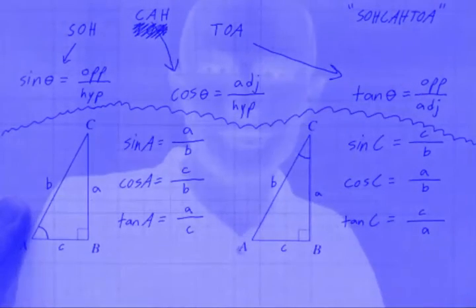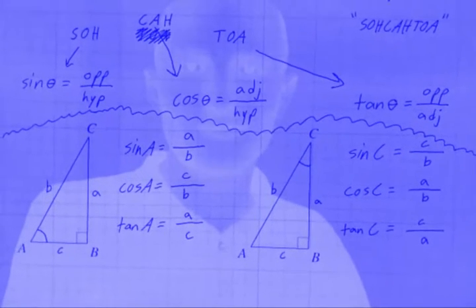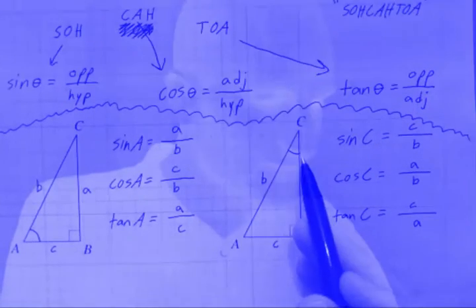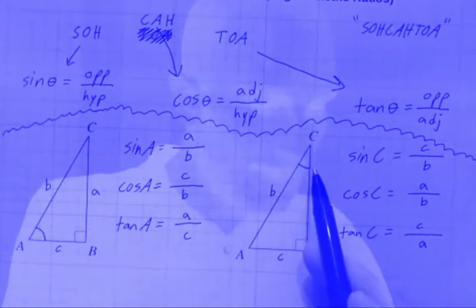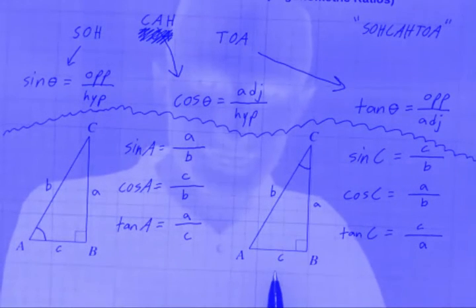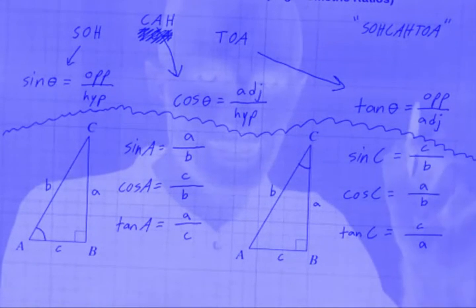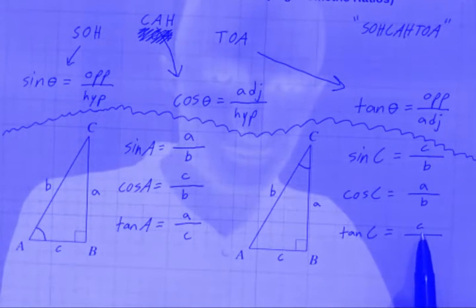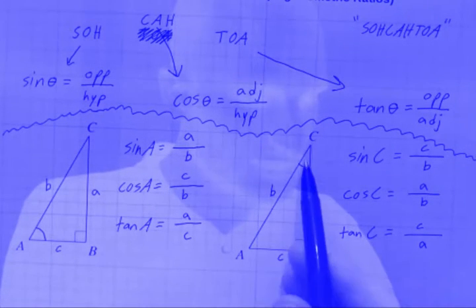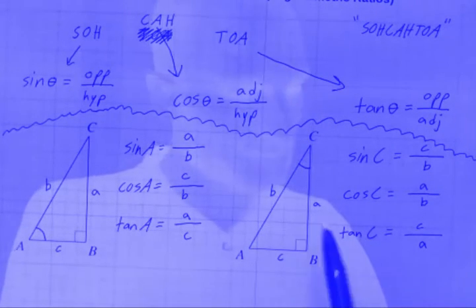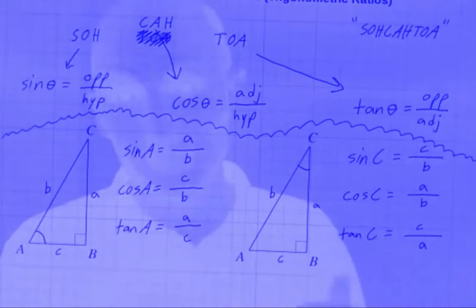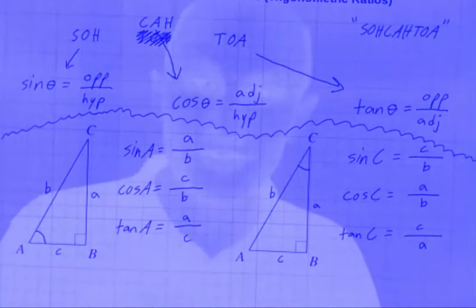So here's the reference angle, C. Opposite C is little c. And then the adjacent, we already talked about, is little a, boom. Okay, now if this feels weird, I understand. It's going to feel less weird when we use actual numbers.